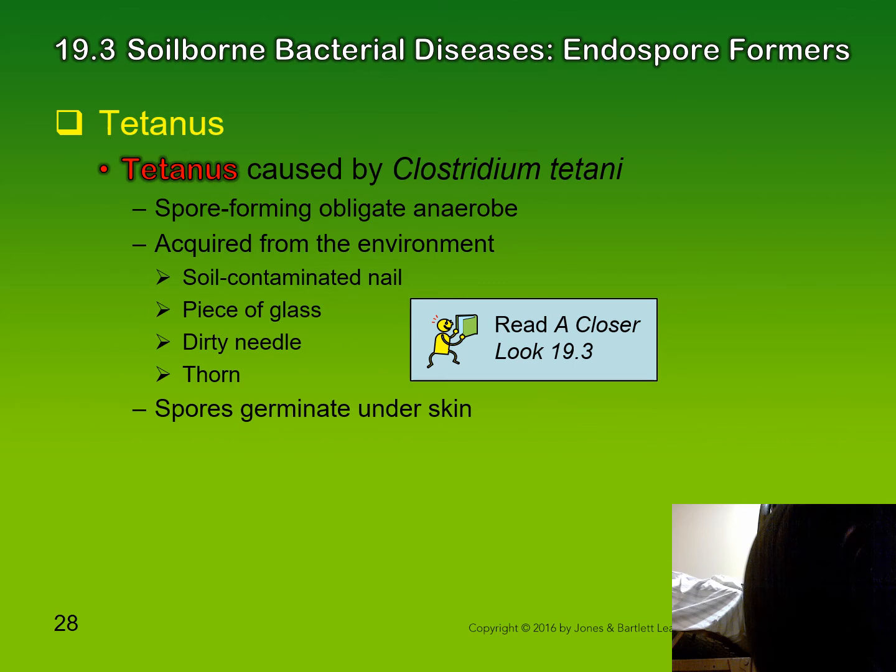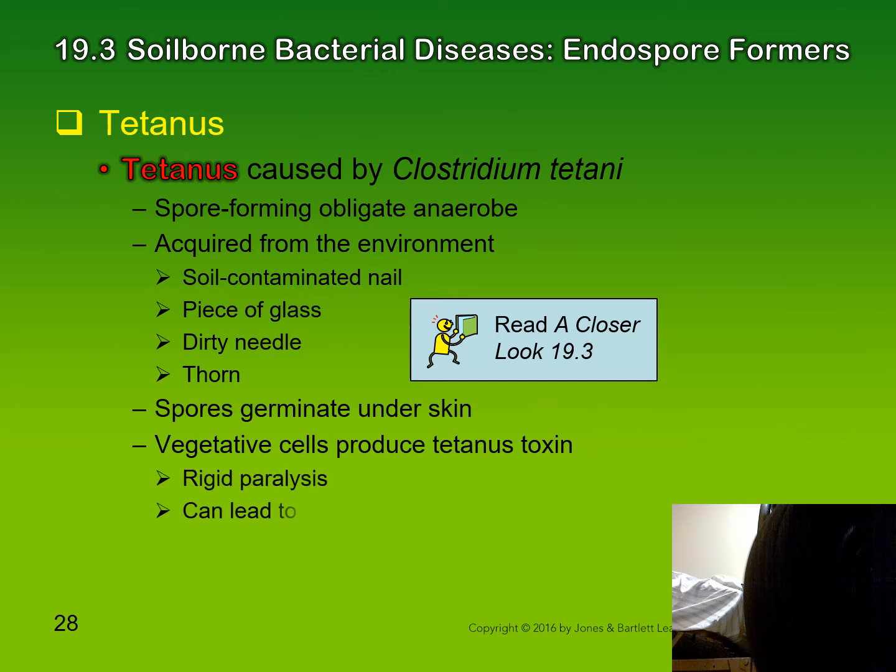Just like the anthrax, the spores are going to germinate under the skin, and your vegetative cells from the spore are going to produce a tetanus toxin. The toxin will produce a rigid paralysis and often lead to death.